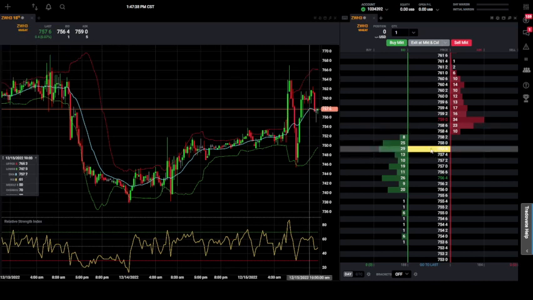So we have currently 8 people, or one person with 8 contracts, or four people with two. This is the total number of contracts. We have 8 contracts that are trying to be sold. I'm sorry, they're trying to buy it at 758.2. The last traded price, you've got 29 contracts of people trying to buy it here.